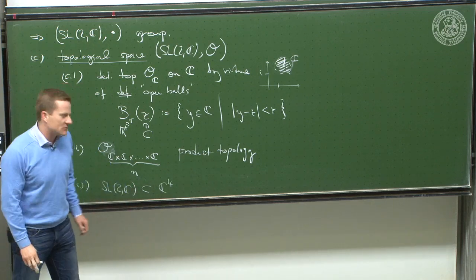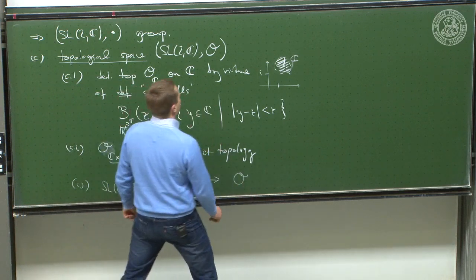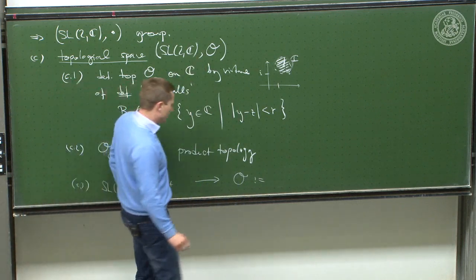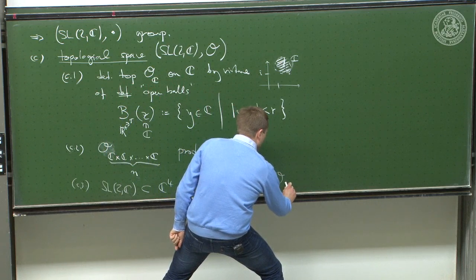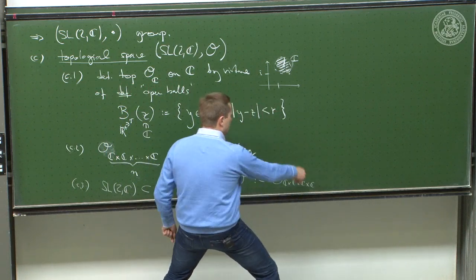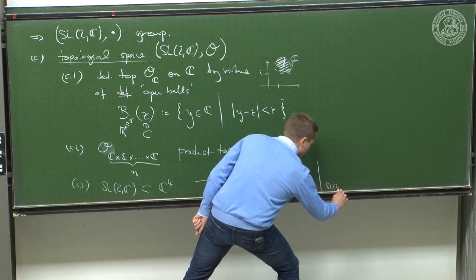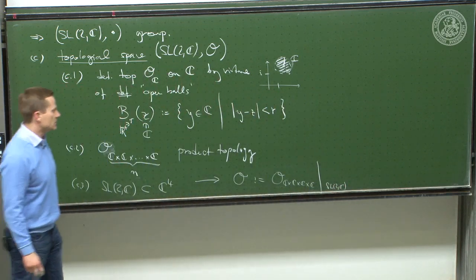Now, any subset can be equipped with the subset topology. So define this topology O by which we equip SL2C as follows: take C4, the four-fold Cartesian product that we constructed here, and restrict it to SL2C. Remember, that was the induced subset topology.